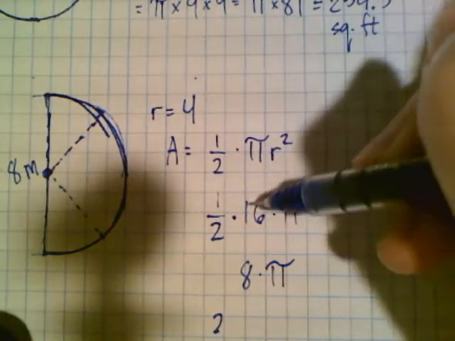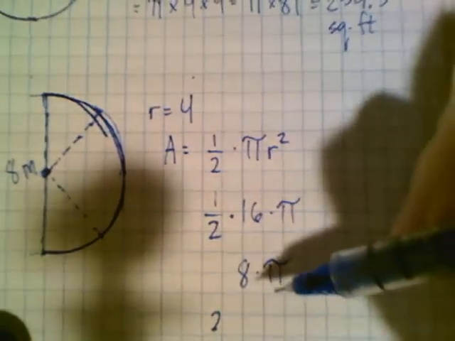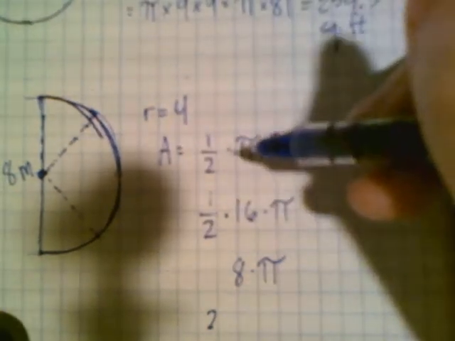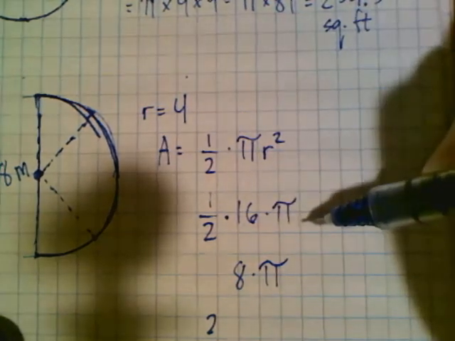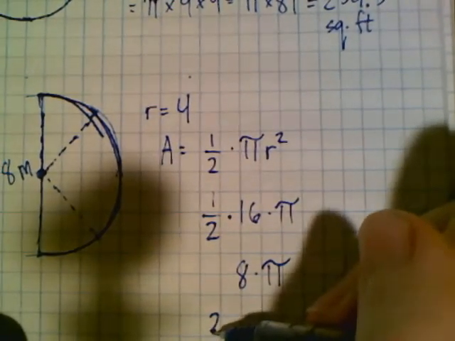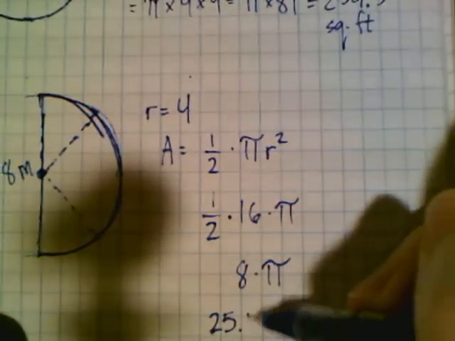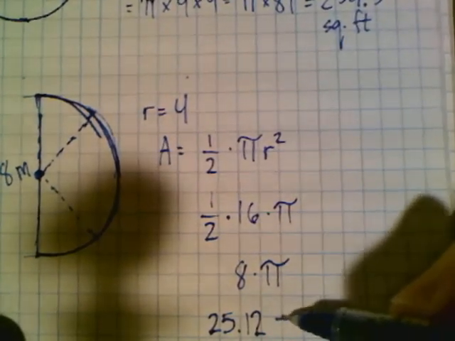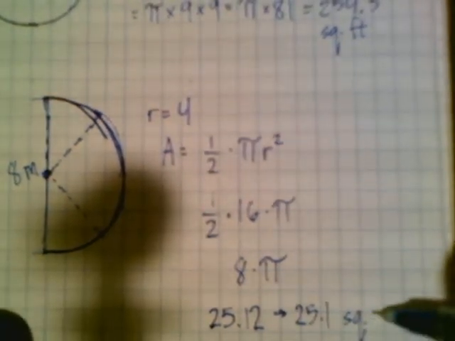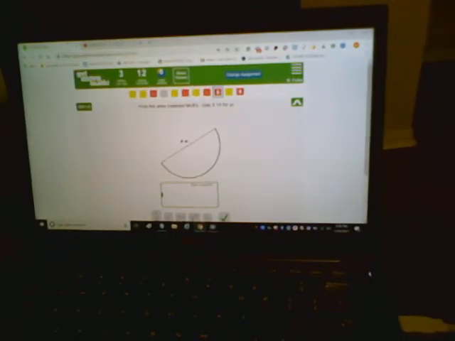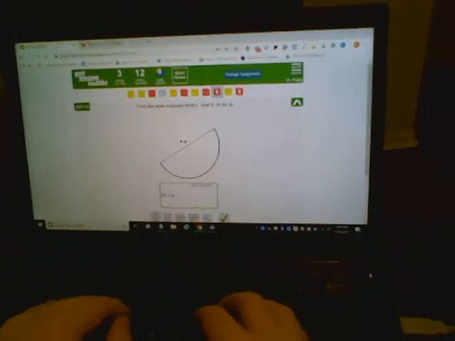If you're following along on paper, you put in your 4 squared, 1/2 times 16 times pi, gives 8 times pi, gives 25.12. And if you round it, it becomes 25.1 square meters. And that's my answer, 25.1 square meters. And there you have it.